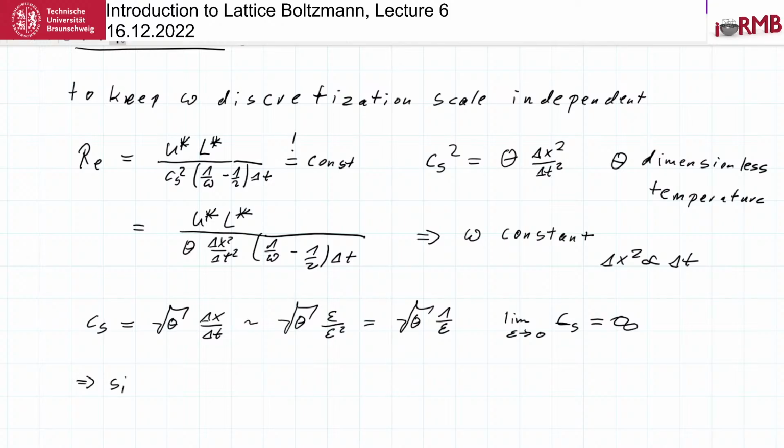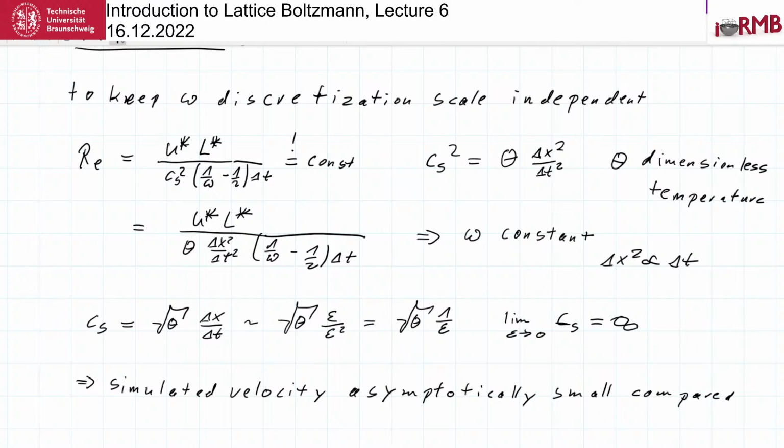And this implies that the simulated velocity is asymptotically small compared to the speed of sound, and by this also compared to the lattice speed.